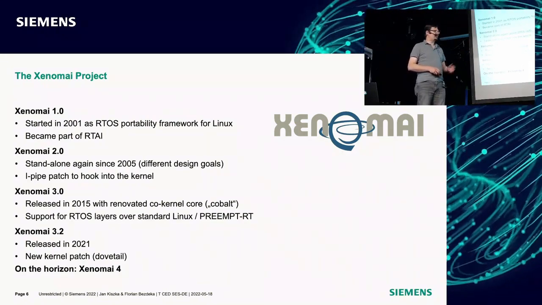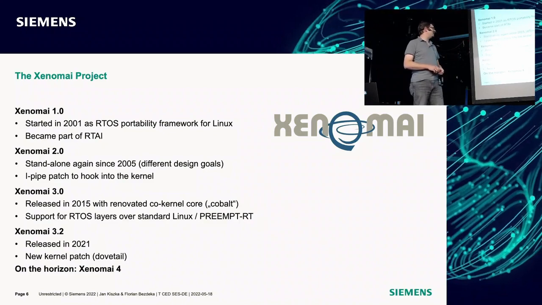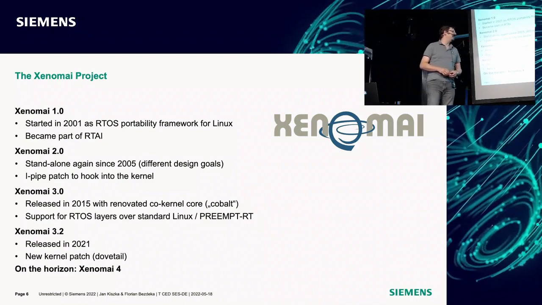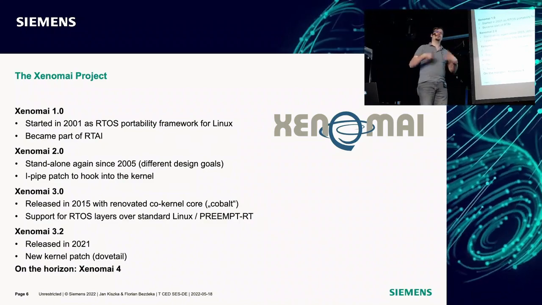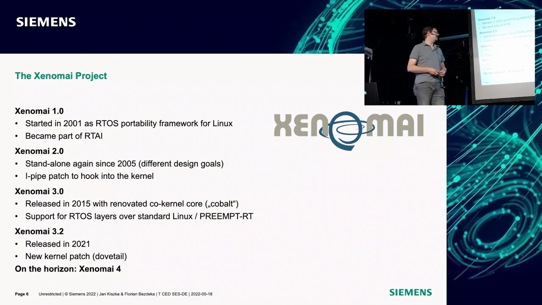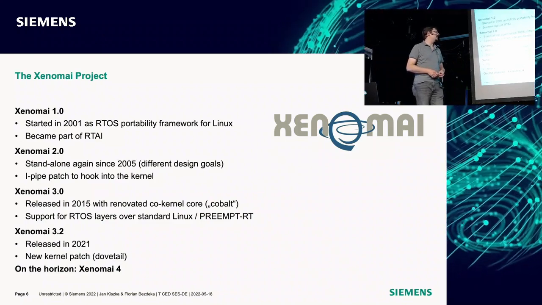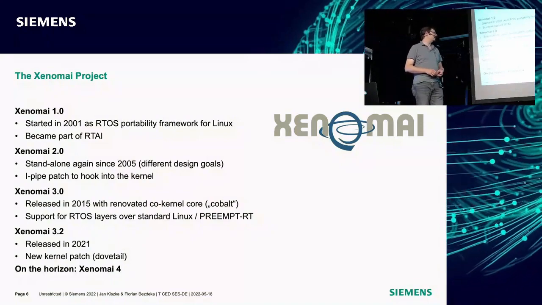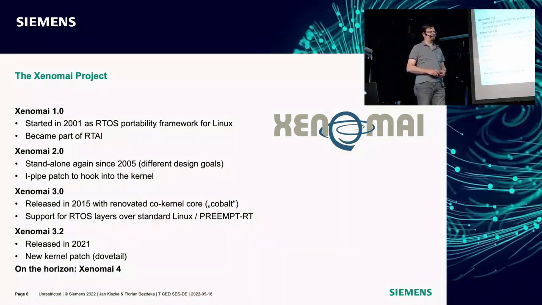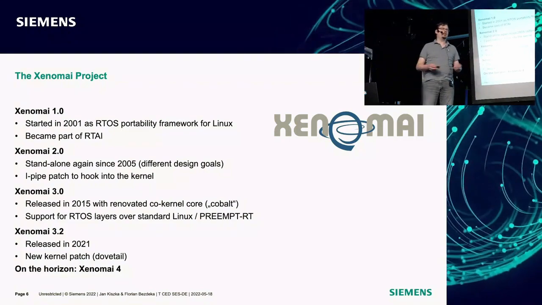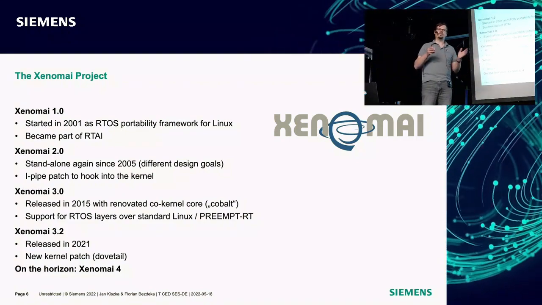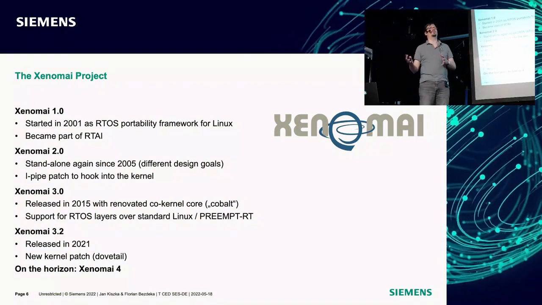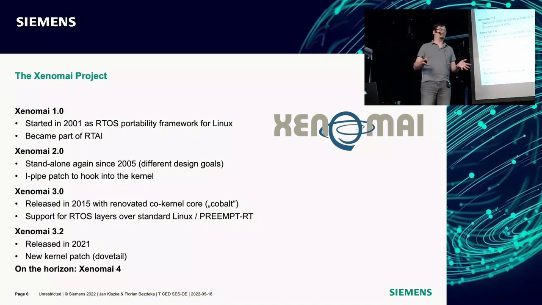It took a while, as you can see, until we have a new major release in 2015, which basically renovated the internals of Xenomai significantly and brought it more to a modern state at that time, and also enabled scenarios which were more and more popular at the time, so running also the RTOS portability framework over a standard kernel or a Preempt-RT kernel.